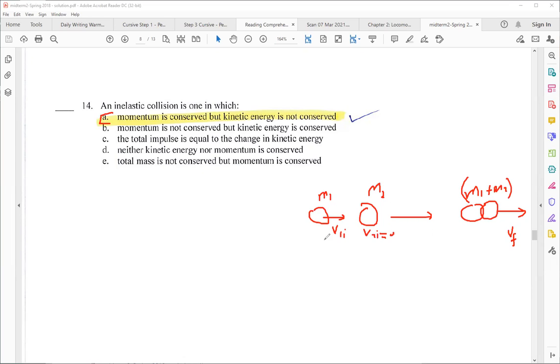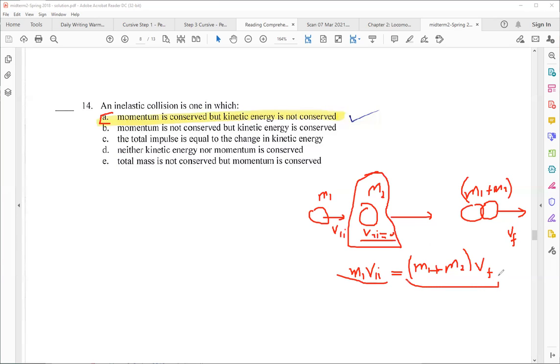Now in this case, the total linear momentum is conserved, which means m1 v1 initial will be equal to m1 plus m2 times v final. Of course, in this case, mass 2 doesn't have linear momentum because velocity initial for mass 2 is equal to 0. So the total momentum initially is this one, and the total linear momentum after is this one. So this is conserved. But kinetic energy is not.